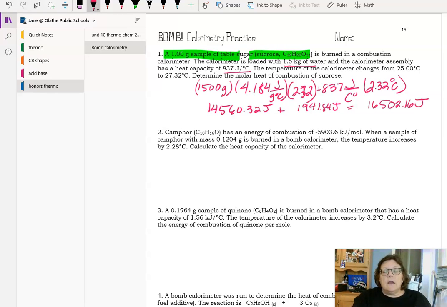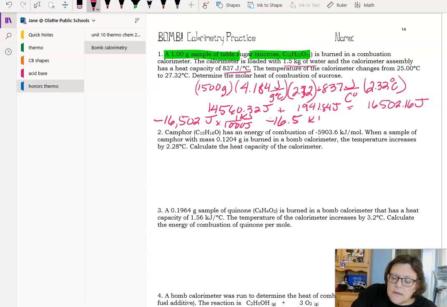That's the energy that the calorimeter is absorbing. So, what was the energy the reaction gave off? Well, it gave off 16,502 joules, so we have a negative sign. Now, it's customary to use kilojoules, so we're going to convert to kilojoules. There are 1,000 joules in 1 kilojoule. So we end up with negative 16.5 kilojoules released.